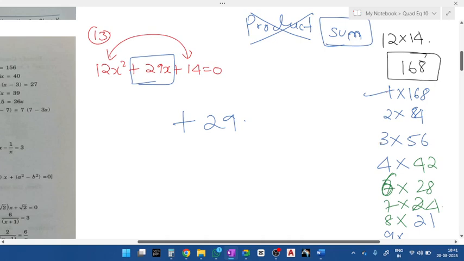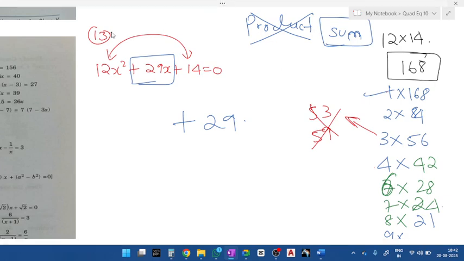Yeah, tell me, Joanna, 3 and 56. When you add and subtract, what do you get? 56 minus 3 is 53. And when you add it, what do you get? 59. We need 29. What about 4 and 42?